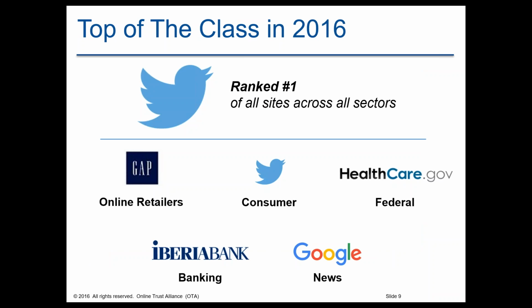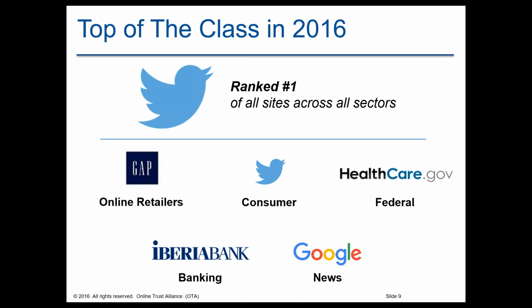And as we mentioned, one of our goals is to recognize leaders. And so Twitter, for the 3rd consecutive year, has received the number 1 ranking across all sectors. And individually, among online retailers, we have Gap. In the consumer services, as mentioned, Twitter, healthcare.gov on the federal sites.